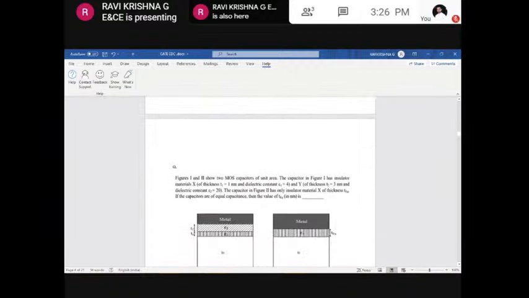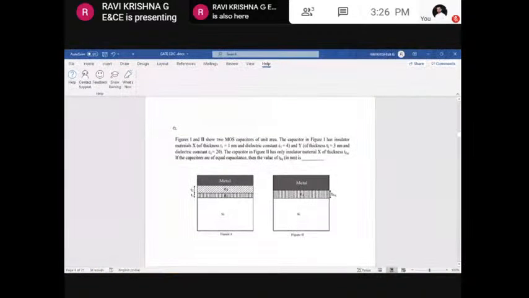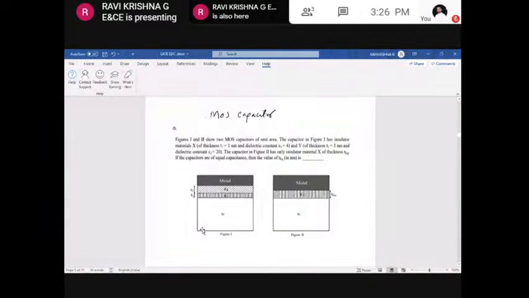Now let's move on to the next problem, which is again based on the MOS capacitor only, because this is very important. See here, two MOS capacitors were given.